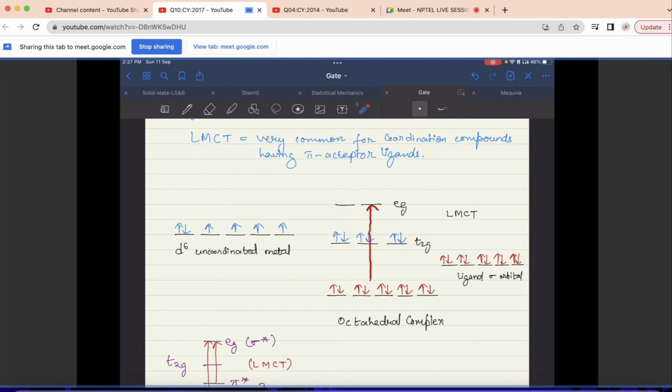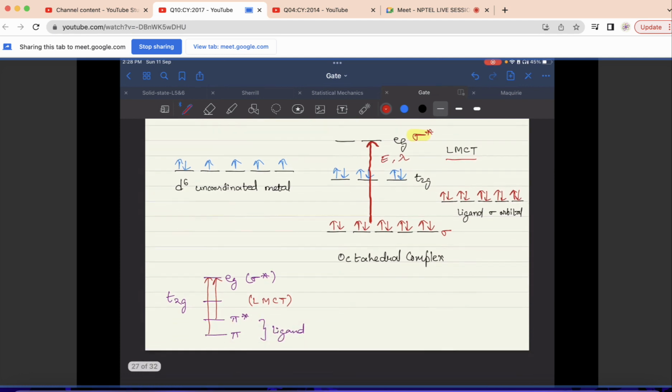The charge transfer LMCT will take place from the sigma orbital here to the one which is empty, the sigma antibonding. So this takes place from the full ligand orbital to the empty metal orbital. This is the LMCT, and the energy or wavelength associated with it will be observed as an absorption band.